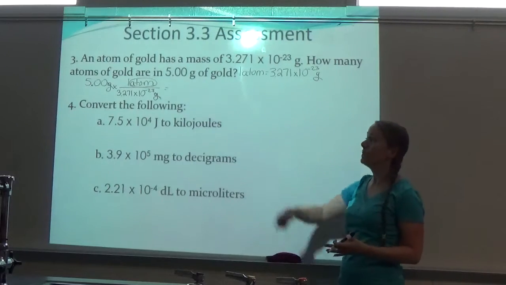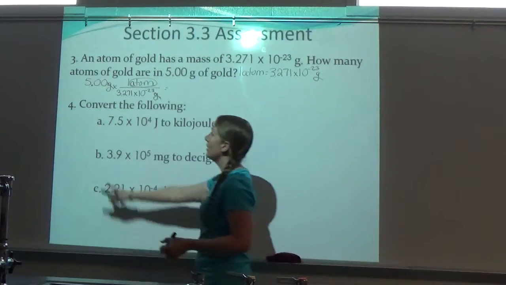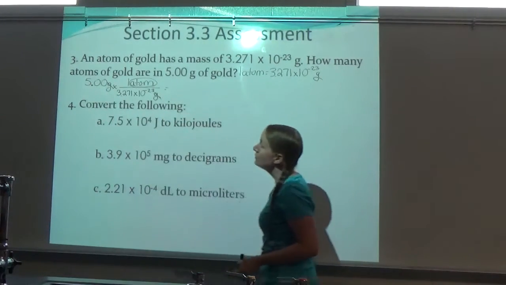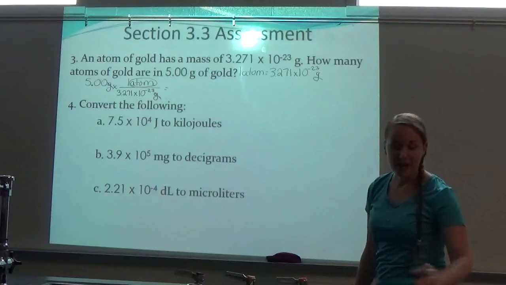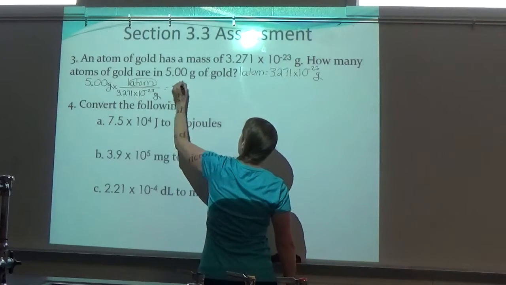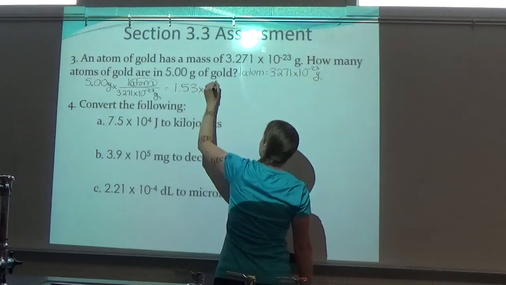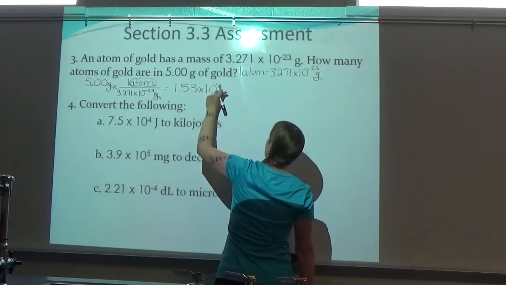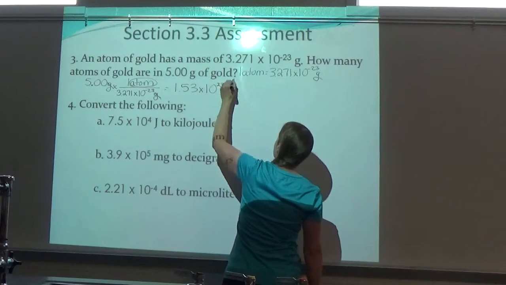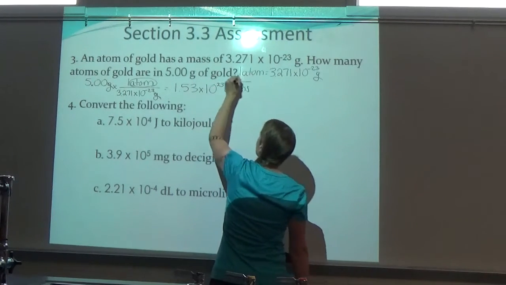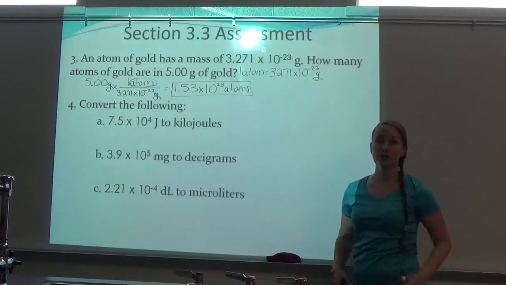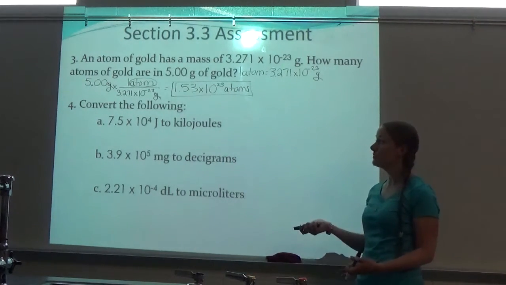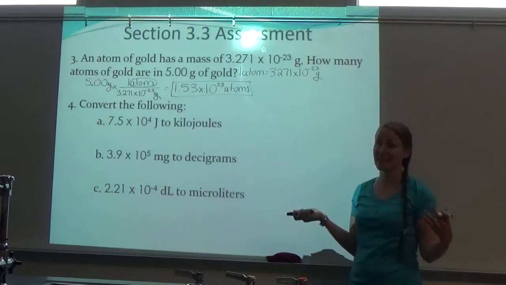Since one number's on top and one's on bottom, I divide. So I'll do 5 divided by 3.271 times 10 to the negative 23. Once I do that, I get 1.53 times 10 to the positive 23 atoms. So see, it doesn't matter if you've heard of the conversion factor before. If I give you a conversion factor, you should be able to convert anything at this point.